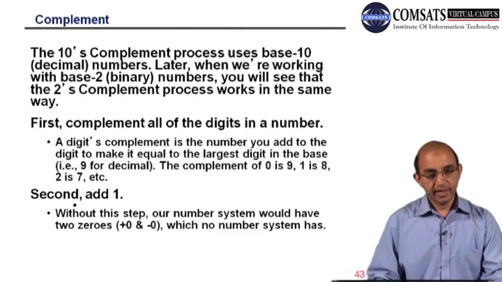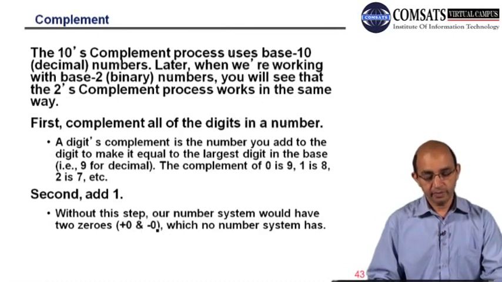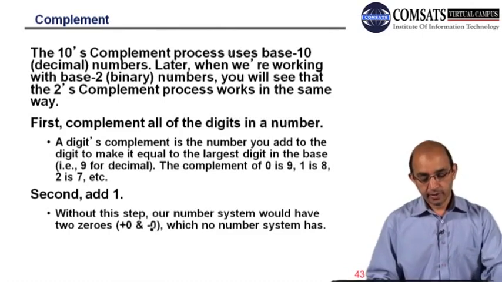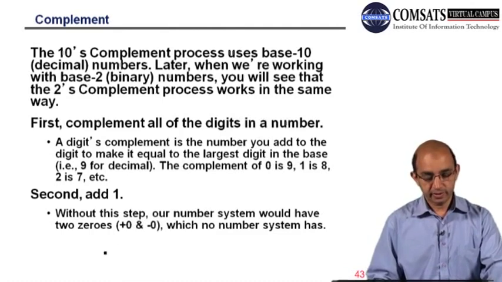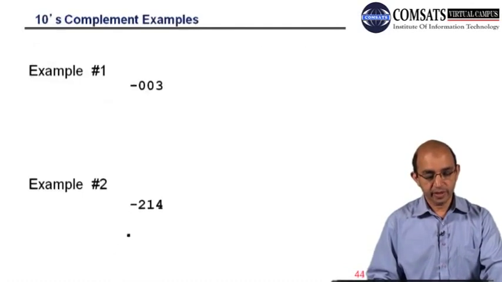Then we need to add 1. Without this step, our number system would have two zeros, plus 0 and minus 0. So that's why we add 1, because we don't have a number system that represents plus 0 and minus 0.